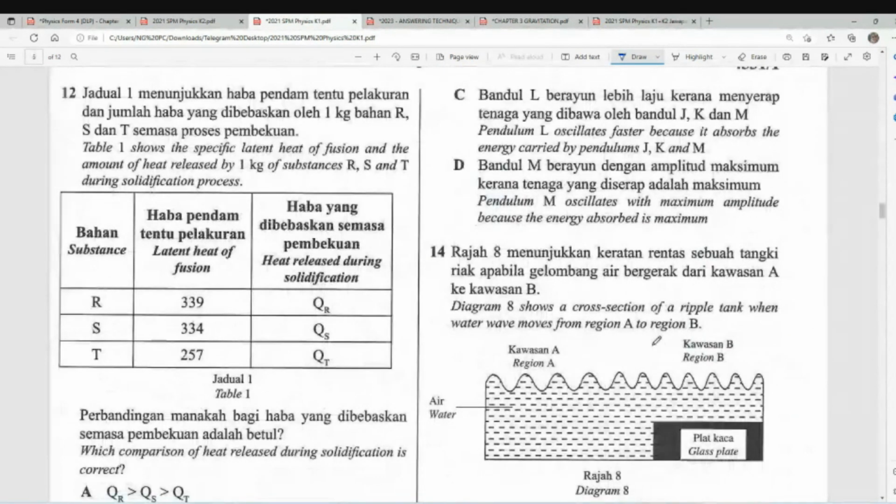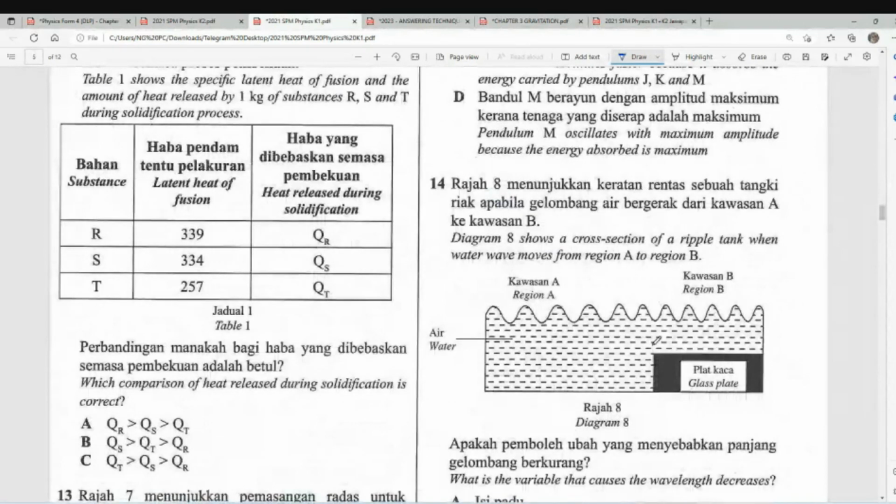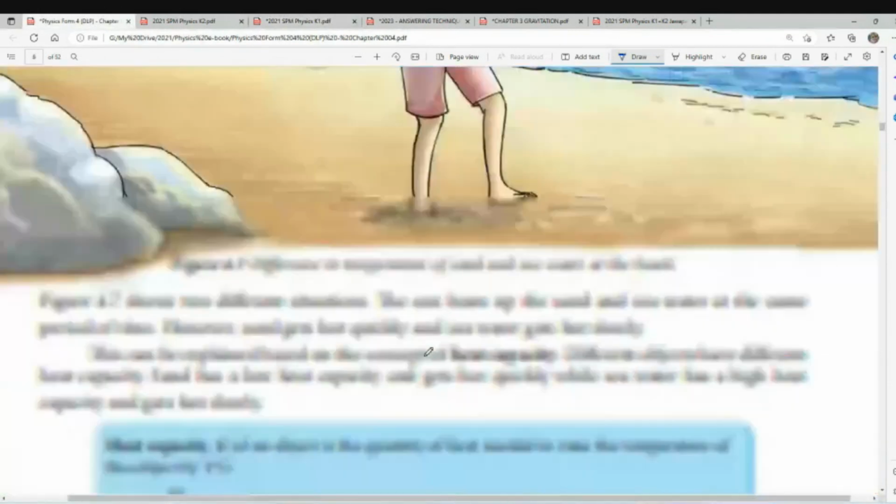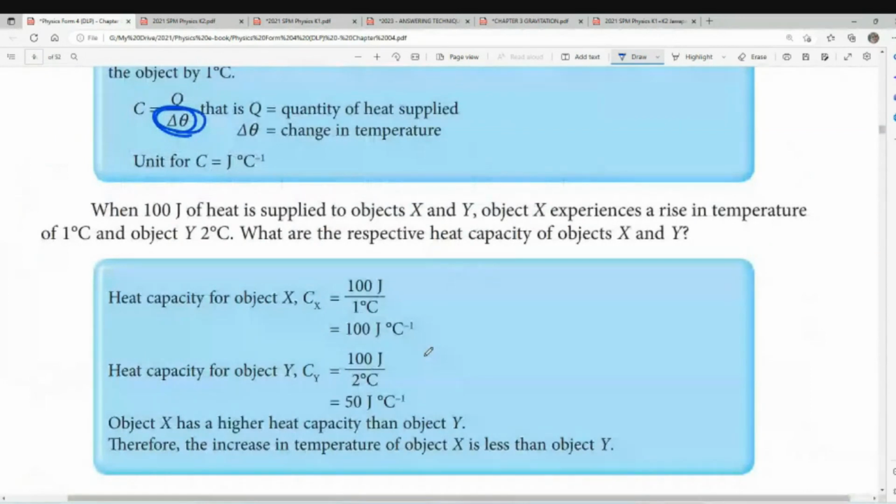And this is about the latent heat of fusion, and the latent heat, the heat released during solidification. So this is a concept about latent heat and also the heat released during freezing, which they call solidification here. So here is the understanding about specific heat capacity and specific latent heat. Remember, heat capacity is only involved when the substance experiences a change of temperature.